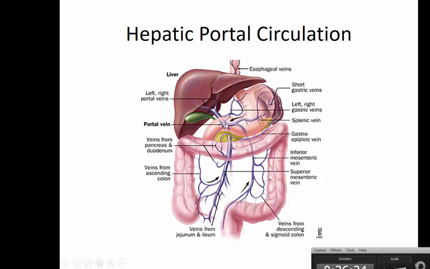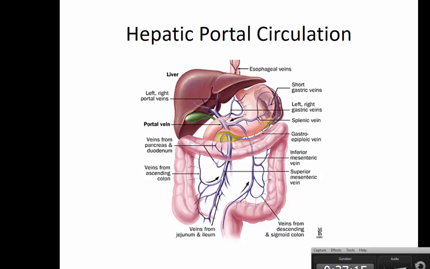The hepatic portal vein, like I said, all of these veins lead to the hepatic portal vein, leading to the liver. This large common trunk of these veins is the hepatic portal vein. So you have the gastric vein coming off out here, the splenic vein at the base, inferior mesenteric, superior mesenteric, and then the hepatic veins are the veins that leave the liver and lead to the inferior vena cava.